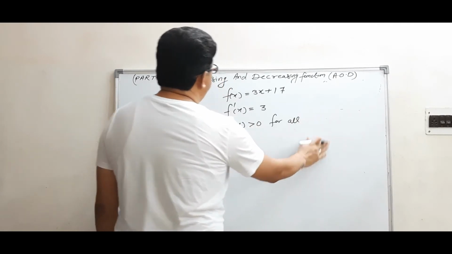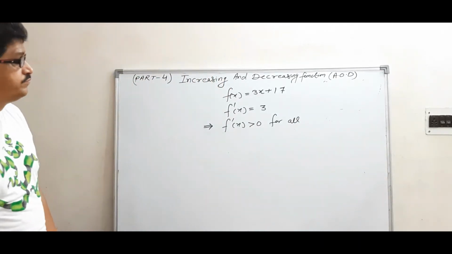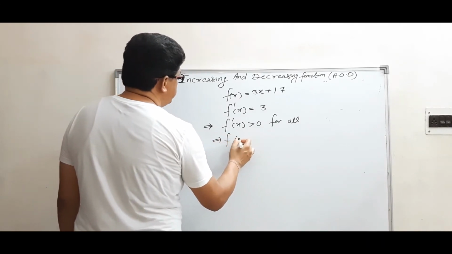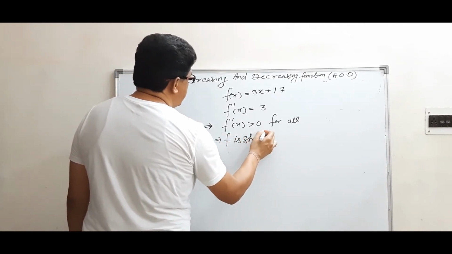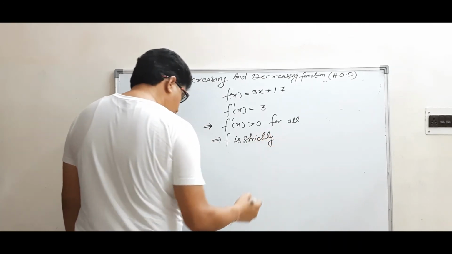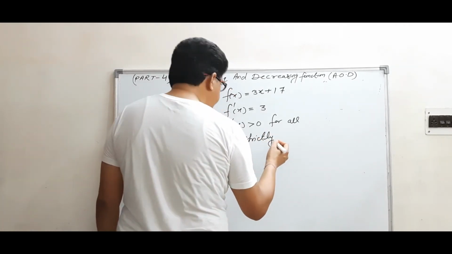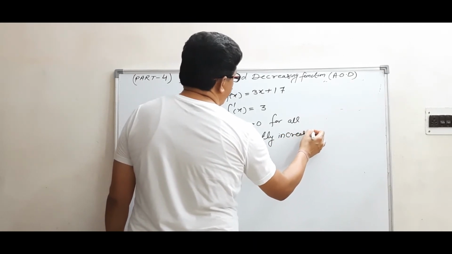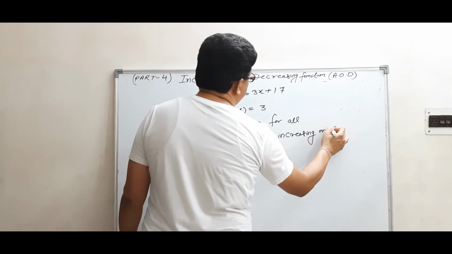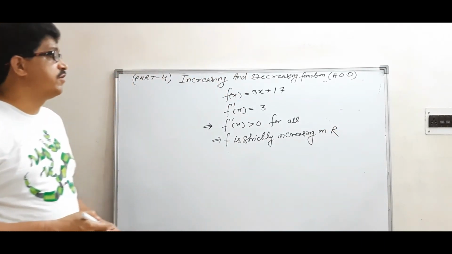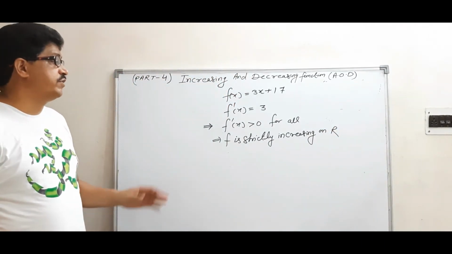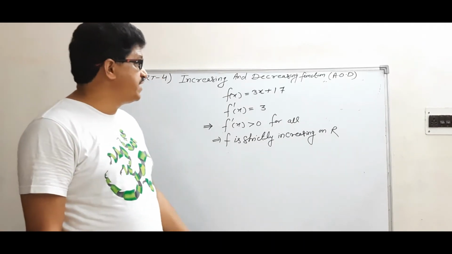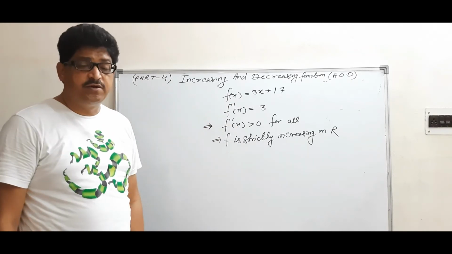This implies f is strictly increasing on R, because f dash x is 3 and 3 remains always positive.